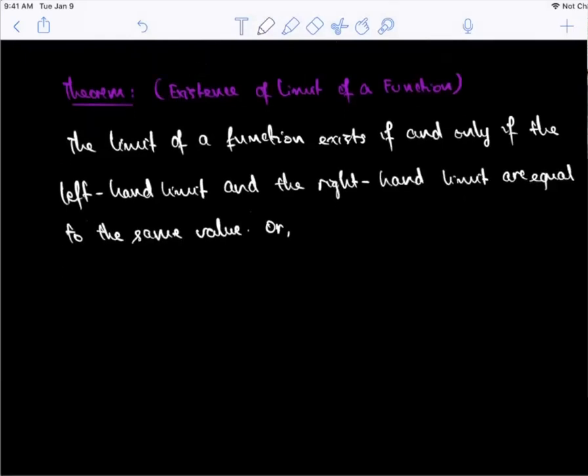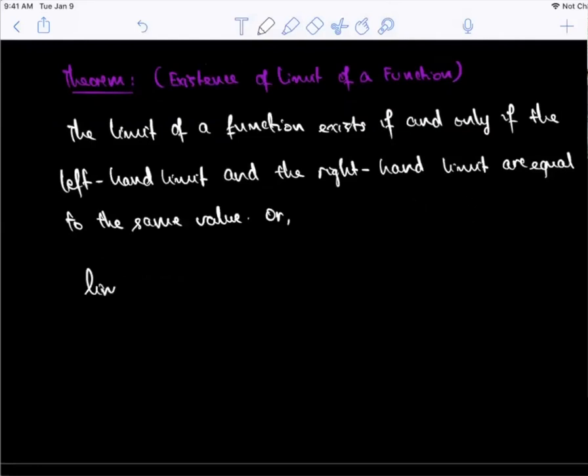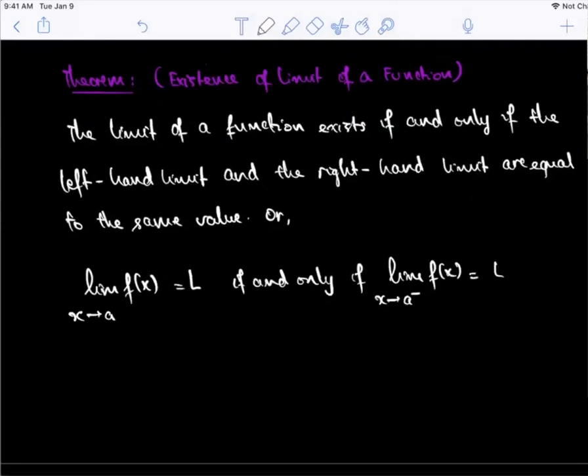Or if you want, you can write it like this: the limit of the function is equal to L as x approaches A if and only if the left-hand limit is equal to L, and that is also equal to the right-hand limit.